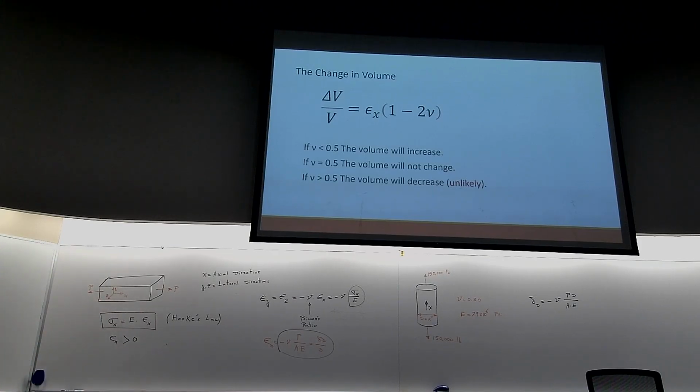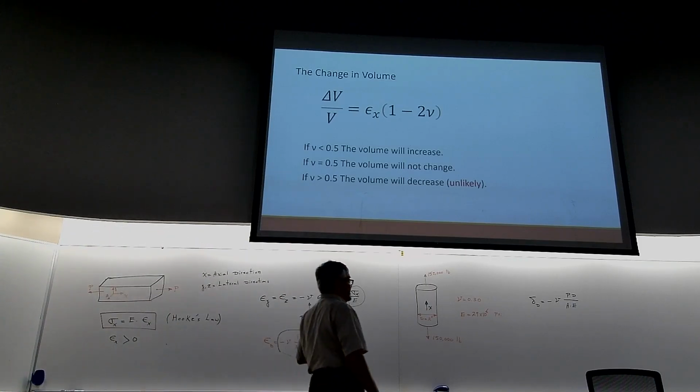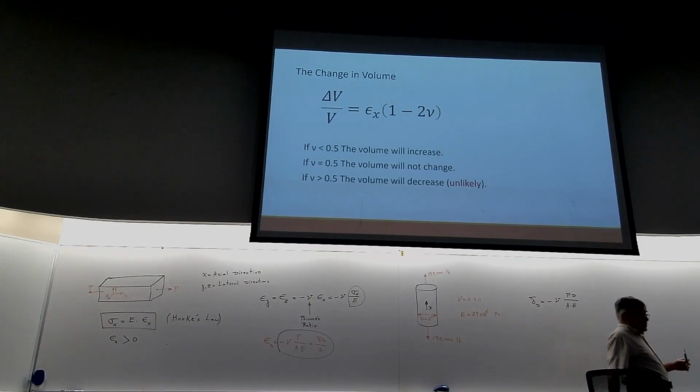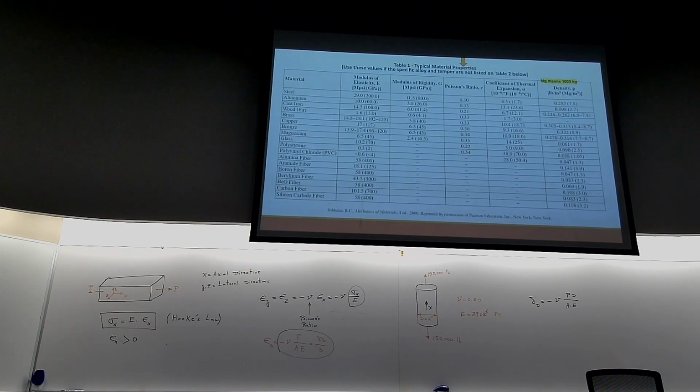So clearly, if nu is less than 0.5, what's in parentheses will be positive, and the volume goes up. If nu is exactly 0.5, then what's in parentheses will become 0. There will be no change in volume. And if nu is bigger than 0.5, then the volume goes down. If you look at our table showing values for Poisson ratio, this column here, none of these numbers are bigger than 0.5.